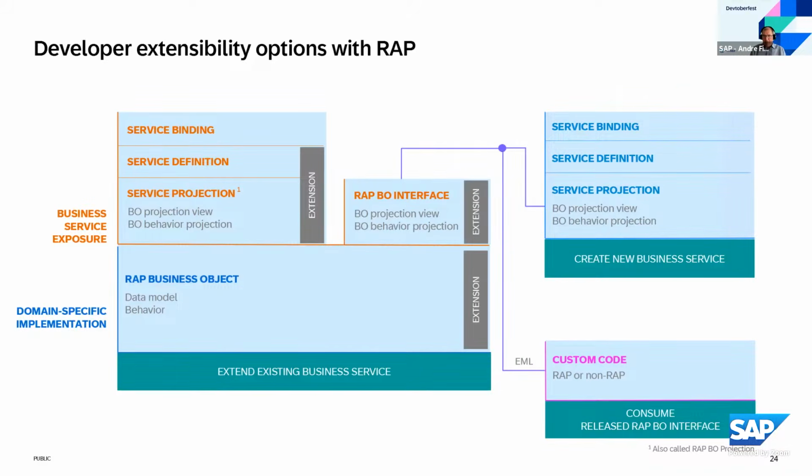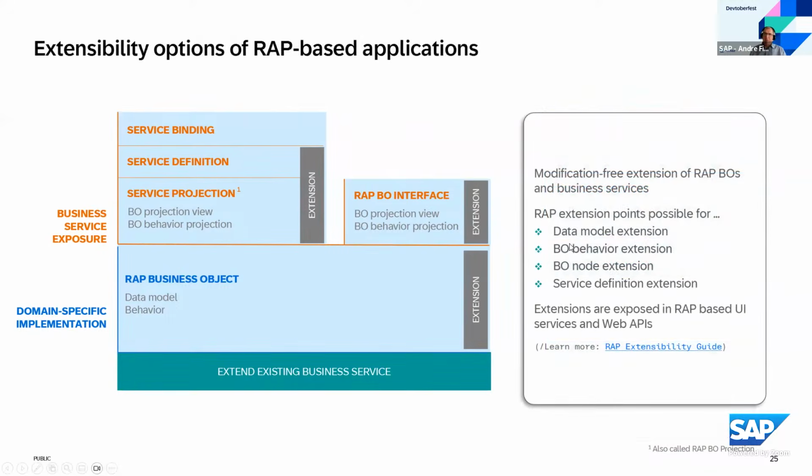But here, if we have an SAP object, we can extend the RAP business object, if it is foreseen by the developer, on various levels. So either the interface, or we can start on the RAP BO level, or we can just extend the service definition layer. So how does it work?